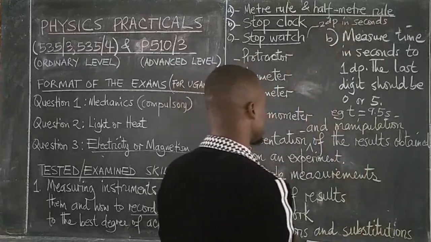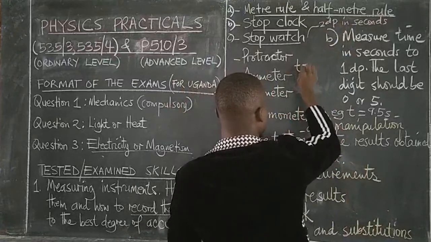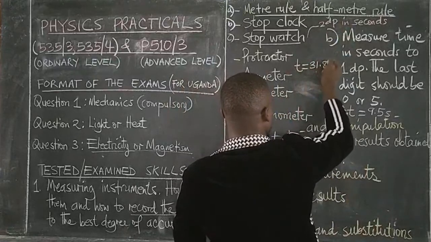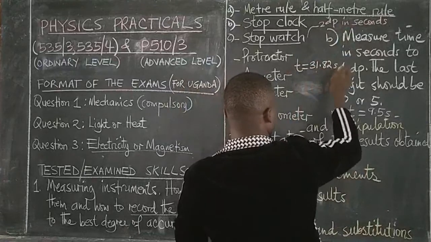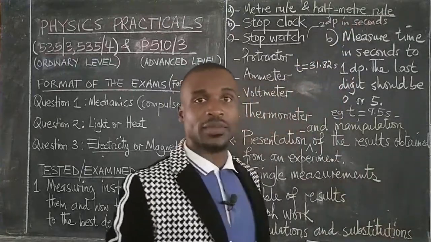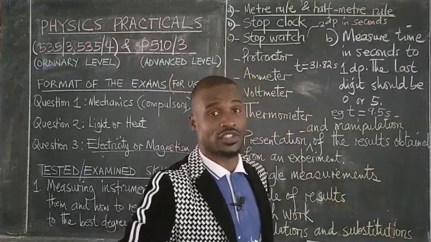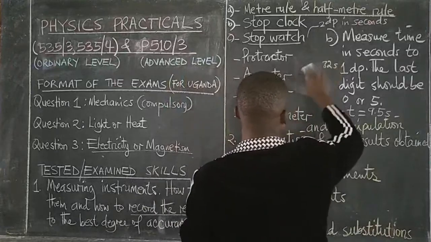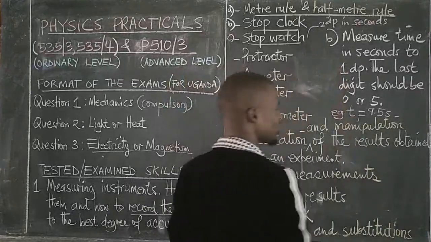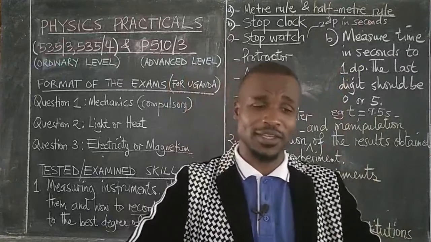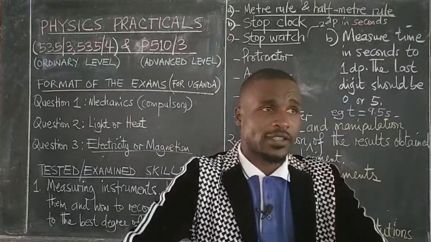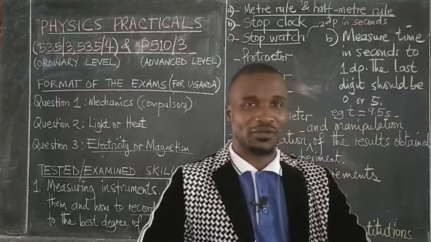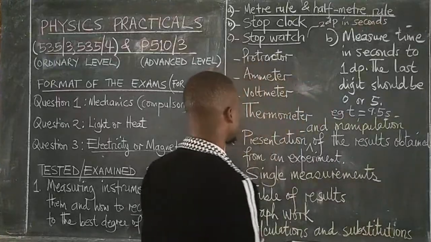An example is, if you find that someone obtained the time of 31.82 seconds, that means they used a stopwatch. And it has no restrictions. The last digit can be from 0 up to 9. Any of the 10 digits can operate.